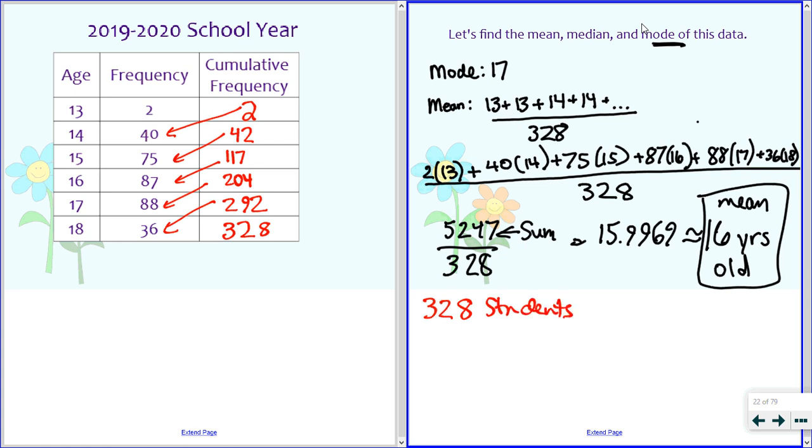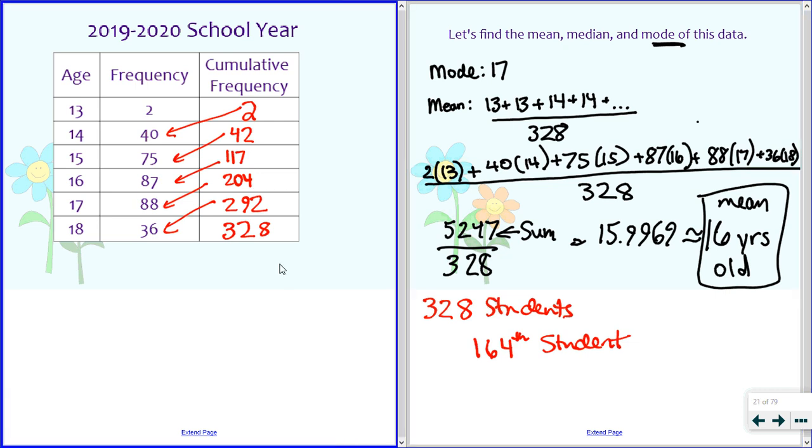If we divide that by 2, we have that the 164th student would be, if we cut the students in half, right next to the halfway point. So if we look at our cumulative frequency over here, our median is going to be right here, okay?